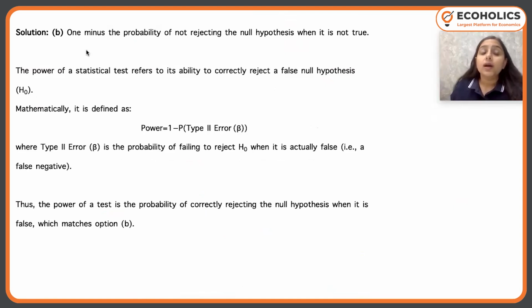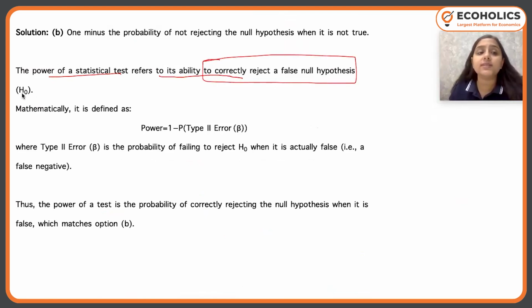So the answer is: the power of a statistical test refers to its ability to correctly reject a false null hypothesis. So when it is false and you are rejecting it. Now type 2 error means you are not rejecting when it is false.